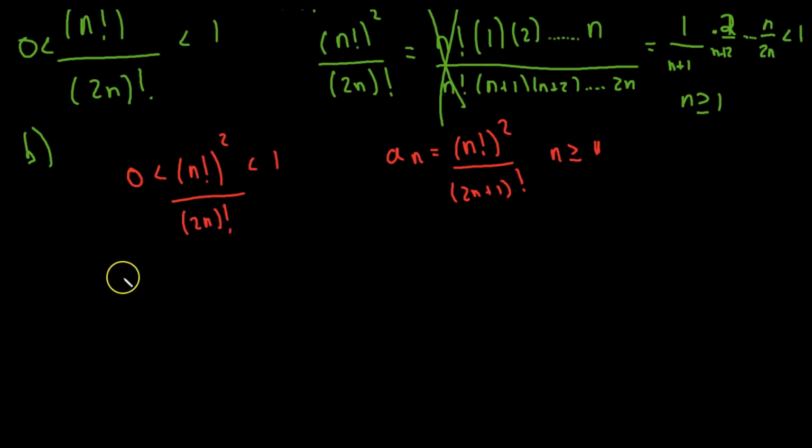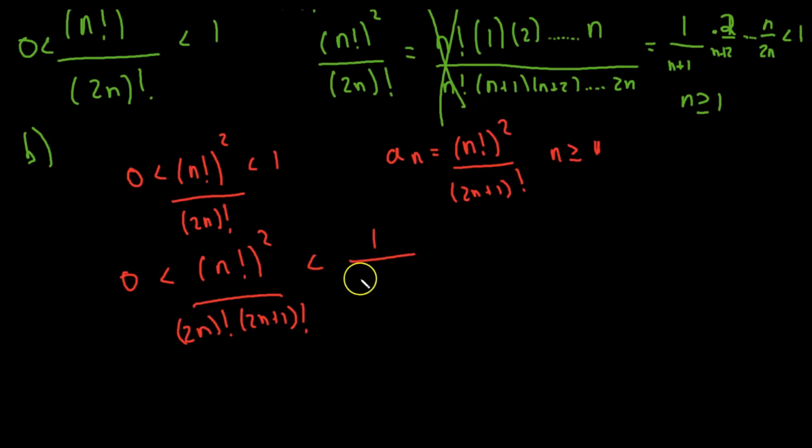So 0 times 2n plus 1 is 0, and 1 times 2n plus 1 is 2n plus 1, right? So I would have 0, then n factorial squared over 2n plus 1 factorial, and this right side would be 1 over 2n plus 1.